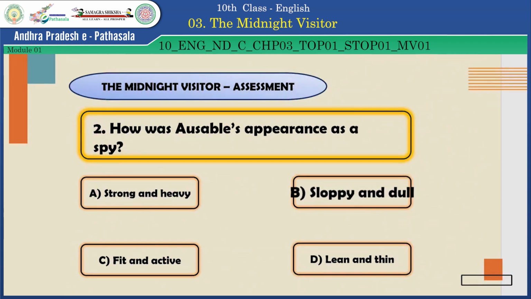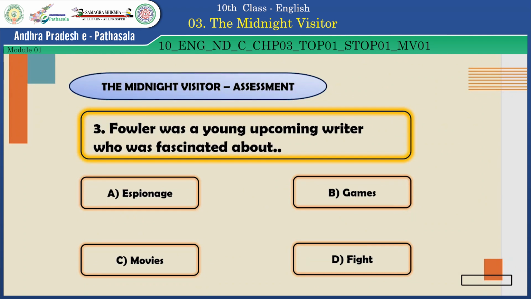Question number 3. Fowler was a young upcoming writer who was fascinated about A. Espionage. B. Games. C. Movies. D. Fights. Magnificent. The right answer is A. Espionage.